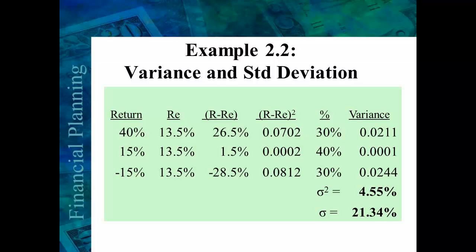Following the same procedure for the neutral and bear market scenarios, you get 0.01% and 2.44% respectively. Adding up the weighted variance for each of the three scenarios, you get a variance of 4.55%. That translates to a standard deviation of 21.34%.